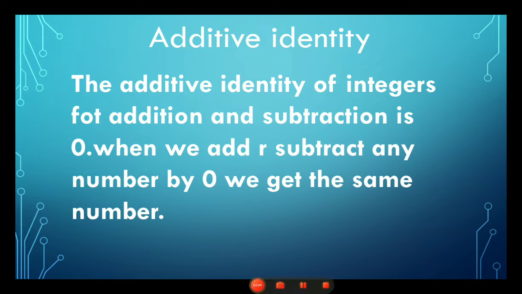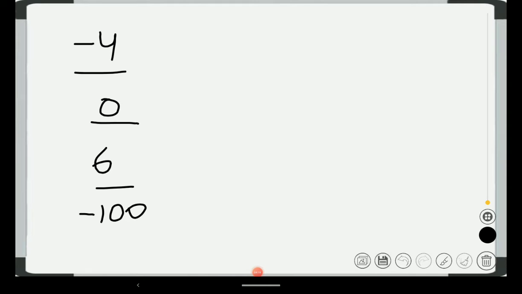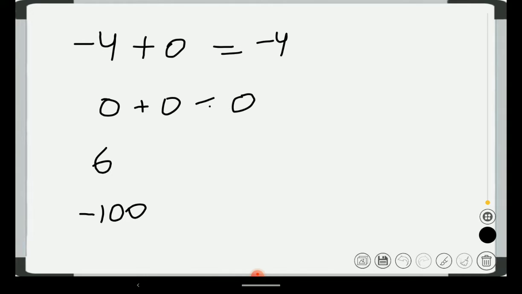Let's see some examples. So let's take some numbers. Here I have taken some numbers. They are -4, 0, 6 and -100. Now let's add and subtract 0. When we add 0, we get -4. When we add 0, we get 0.